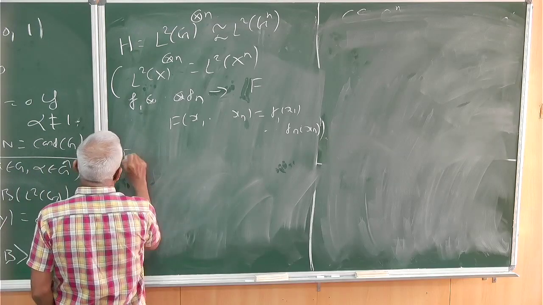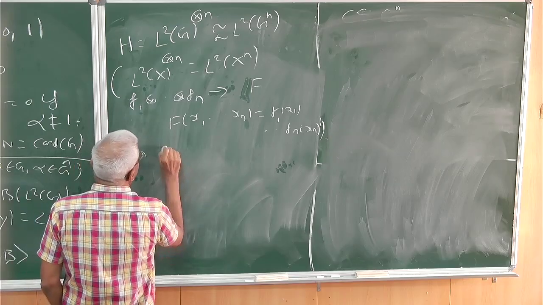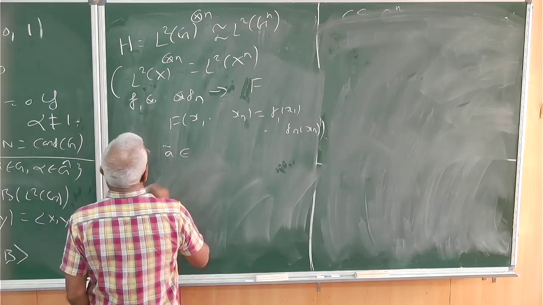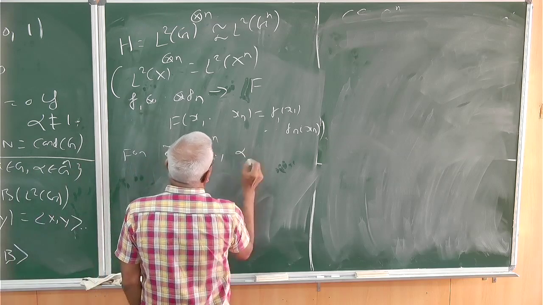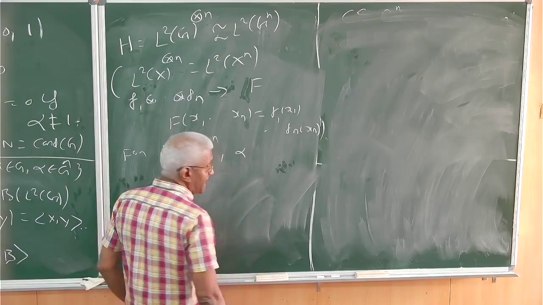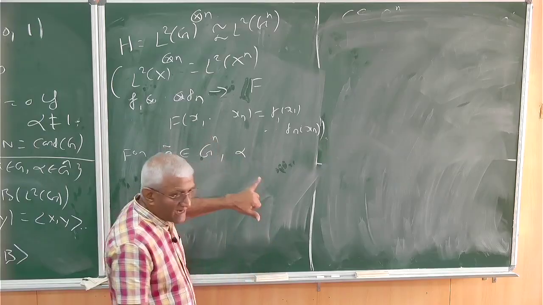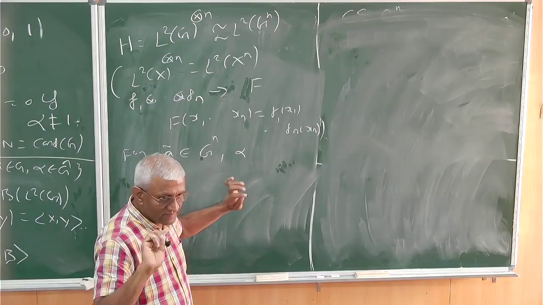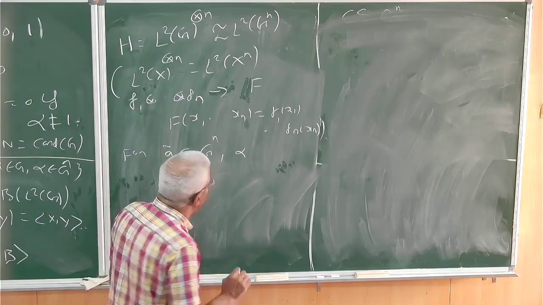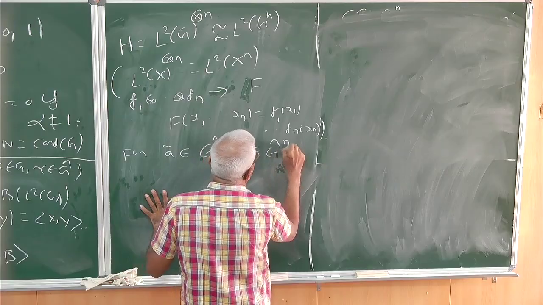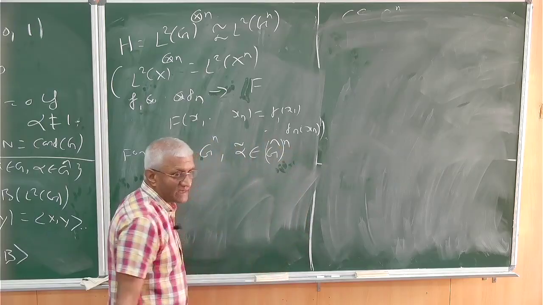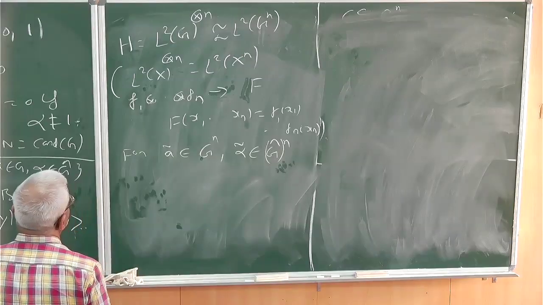Now for A tilde in G to the n and alpha tilde in G hat to the n, that also you can see, since the characters of G to the n are G hat to the n.